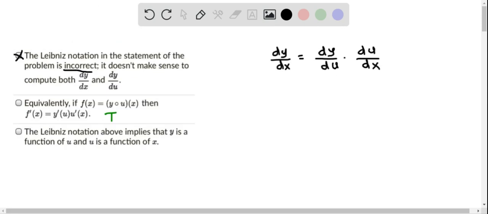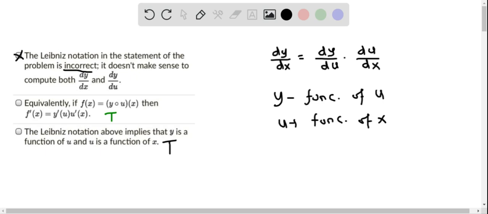And lastly, we have the statement: the Leibniz notation above implies that y is a function of u and u is a function of x. This is true, as I have explained it for part A. That is, whenever we have y as a function of u and u as a function of x, then to find its derivative, we basically use this chain rule or the Leibniz notation.